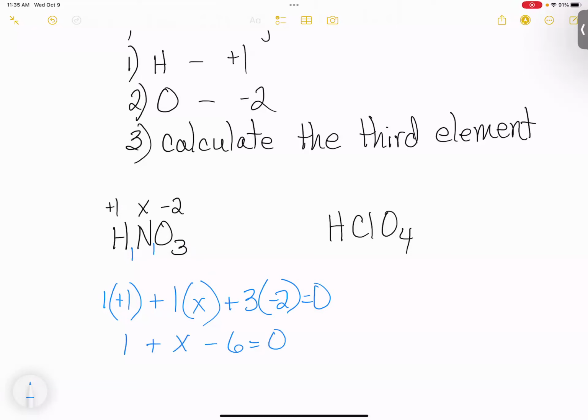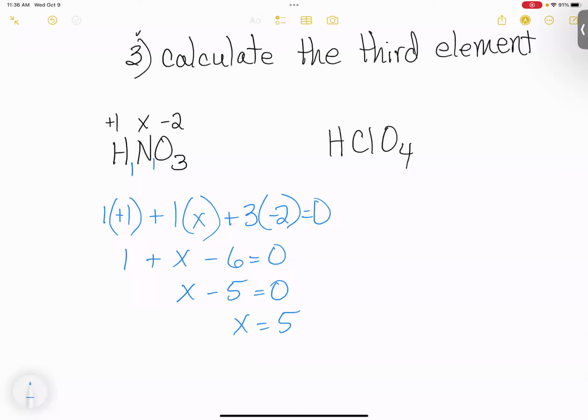X minus 5 equals 0, so X equals 5. So the oxidation state on our nitrogen is a +5.